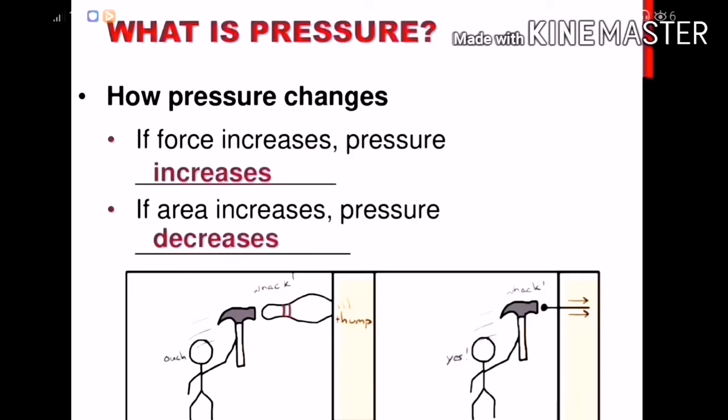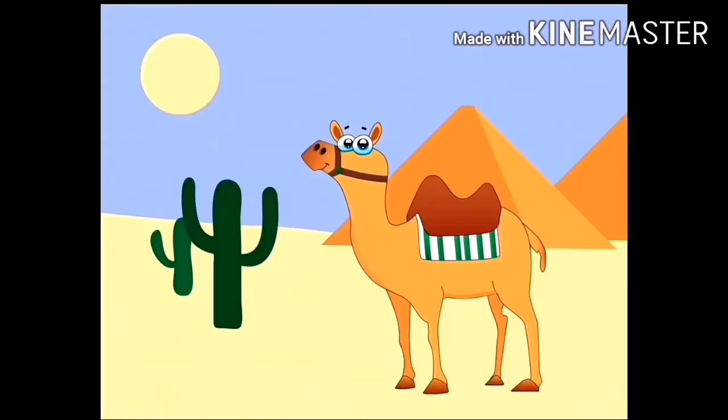That's why it is not inserted. So students, the same concept we will apply to the camel. That is, the camel's feet do not penetrate the sand, and it becomes very easy to walk. Because the area is increased, the pressure decreases.